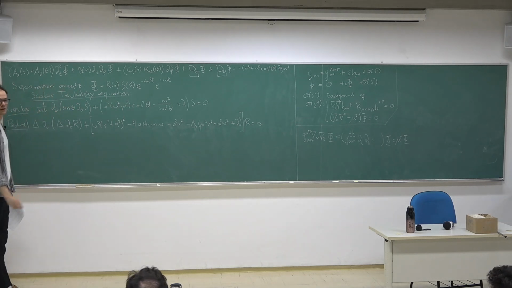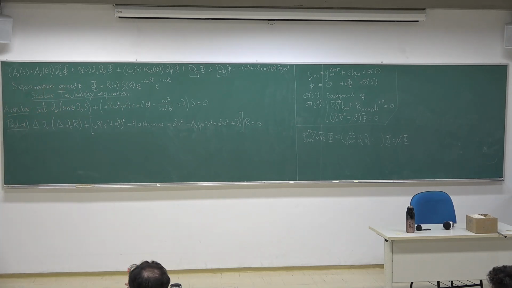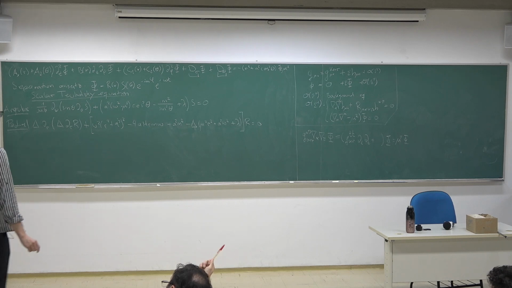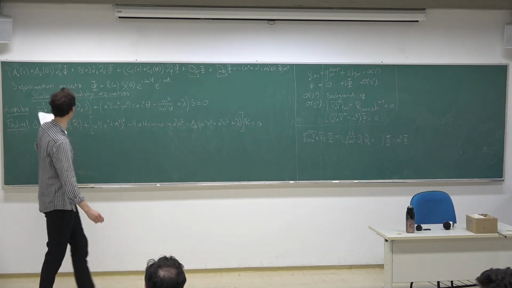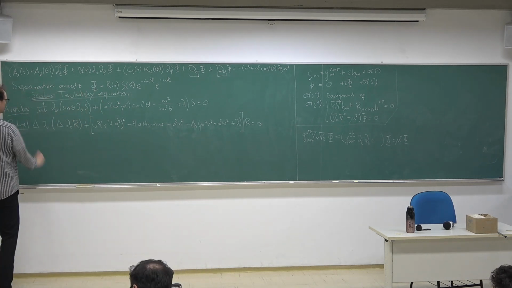Tell me if I'm wrong. I thought that the Teukolsky equation was the one that arises from the perturbation of the metric. Right, yes, that's what I'm saying, the scalar part is important.